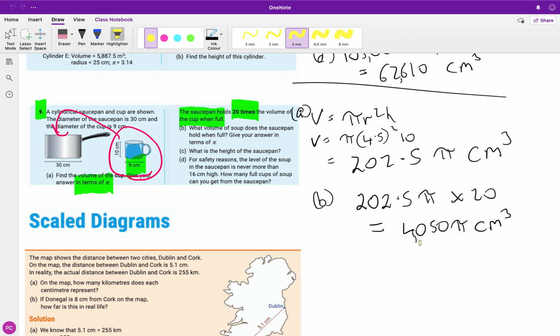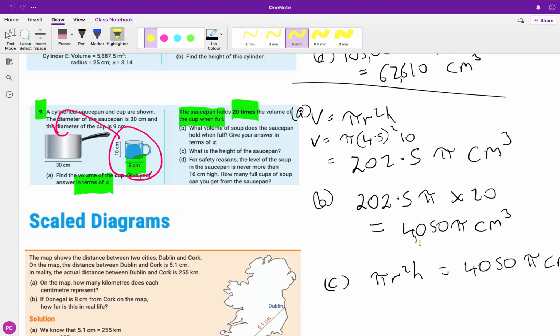Might be able to squeeze C in here as well. Let's see, what is the height of the saucepan. We stick with the same formula to find the height of the saucepan. So we have pi r squared h is equal to 4050 pi centimeters cubed, because that is what we worked out to be the volume of the saucepan.